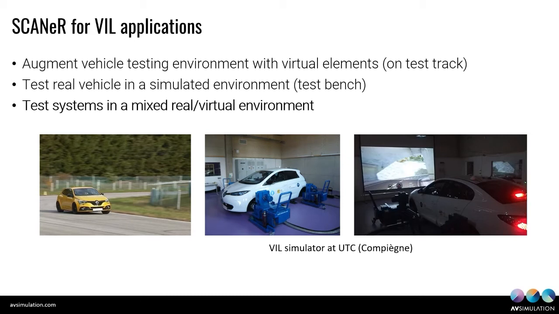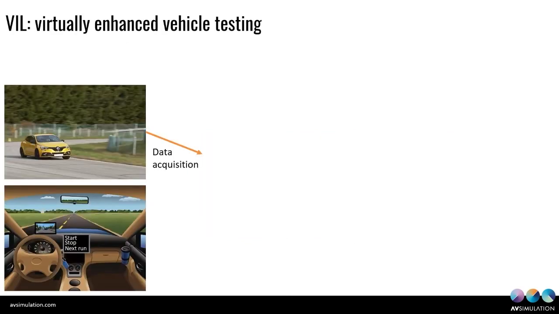So we have different kind of vehicle in the loop, but the idea is always the same: is that you keep the complete vehicle and the complete electronical architecture of the vehicle in the loop, so you can test the real ECU in the car, and you can input for the vehicle a virtual environment.